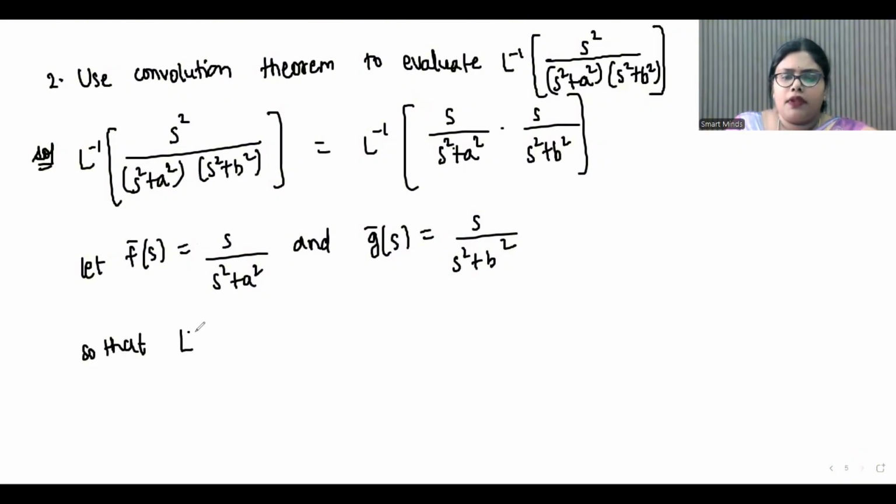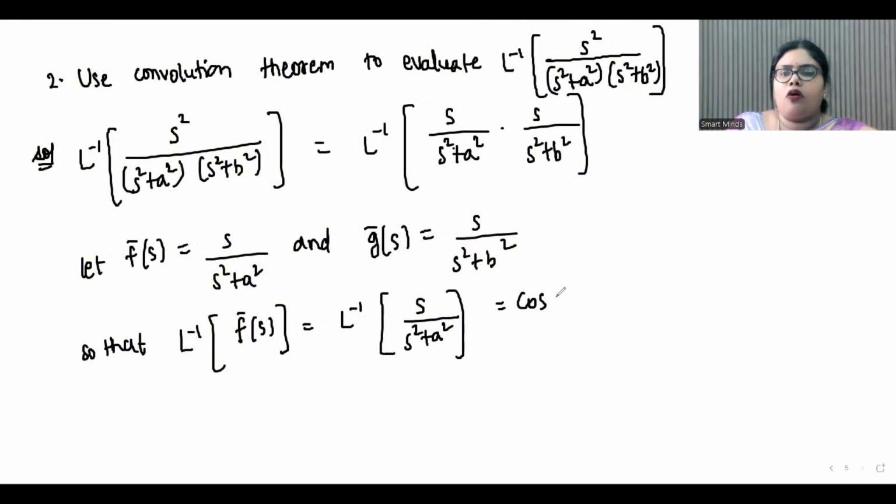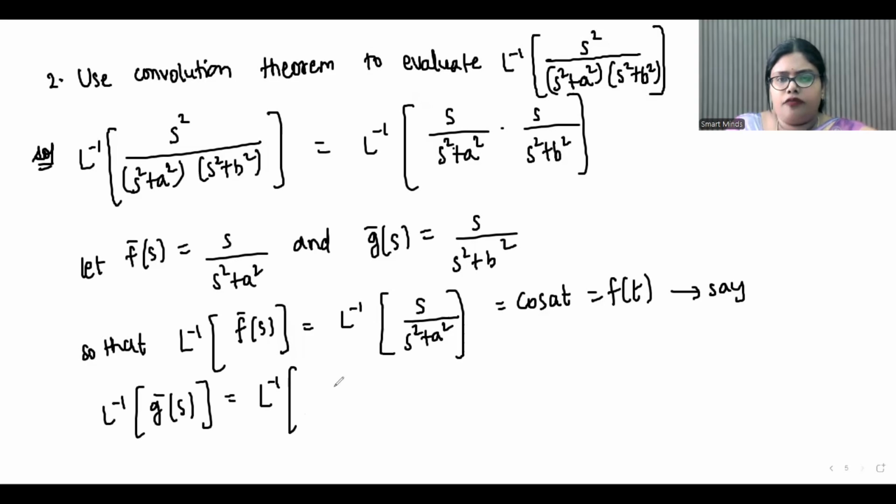So that L inverse of f bar of s is equal to L inverse of s by s square plus a square. That is nothing but cos at. That is f of t, let's say. Now L inverse of g bar of s is L inverse of s by s square plus b square. That is cos bt. Let's say that is equal to g of t.